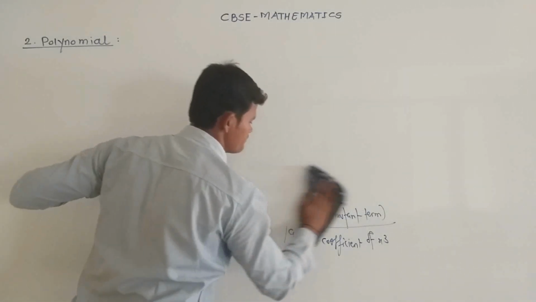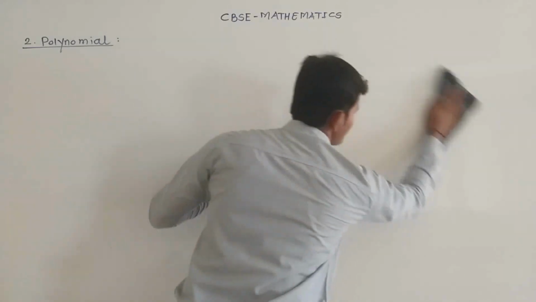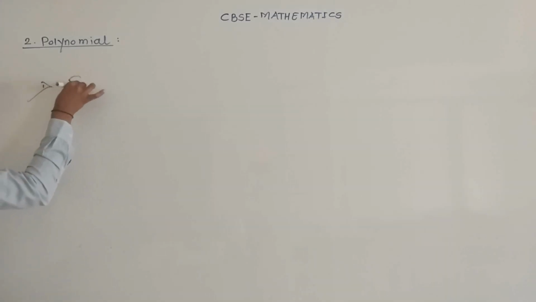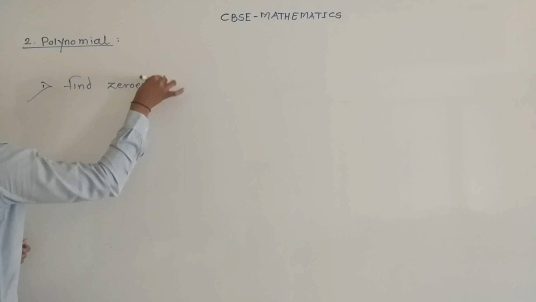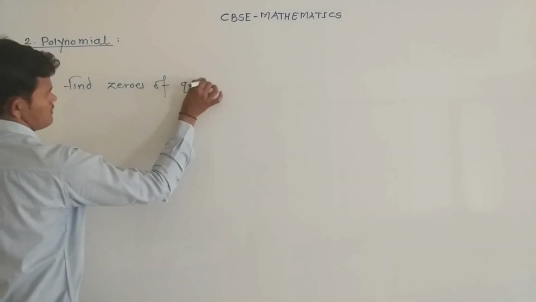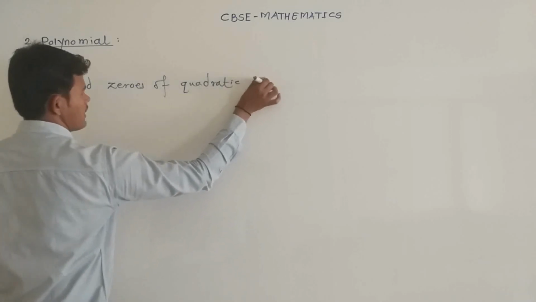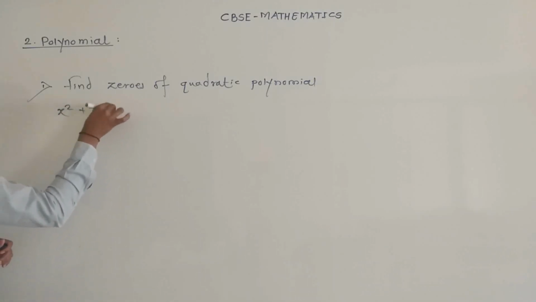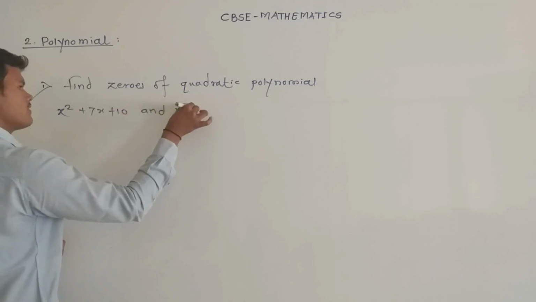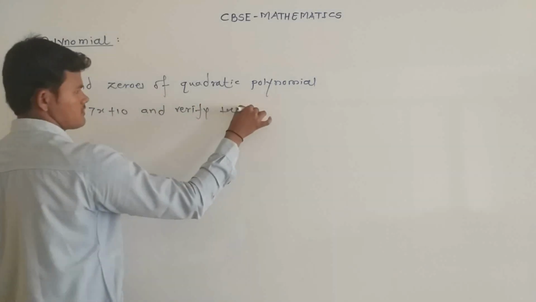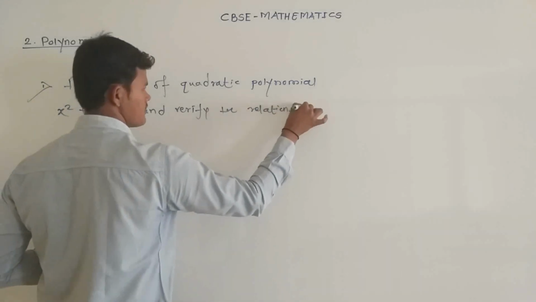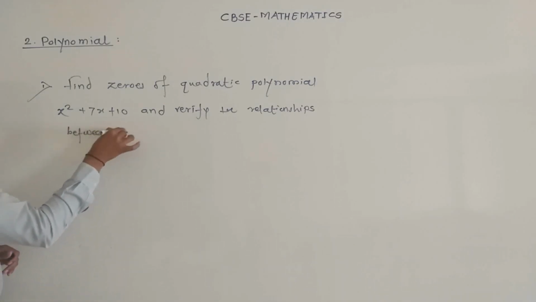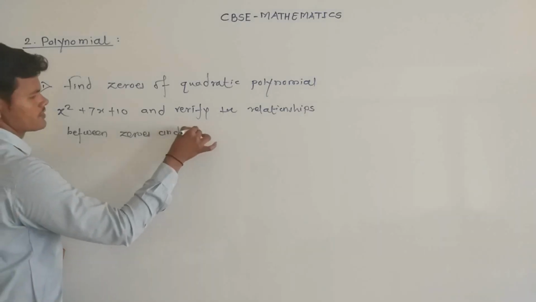So the first problem is: find the zeros of the quadratic polynomial x square plus 7x plus 10 and verify the relationships between zeros and coefficients.